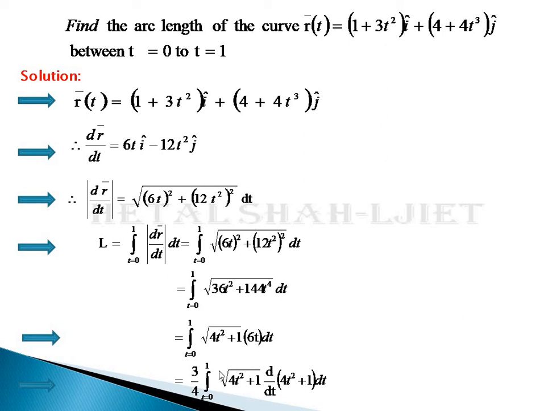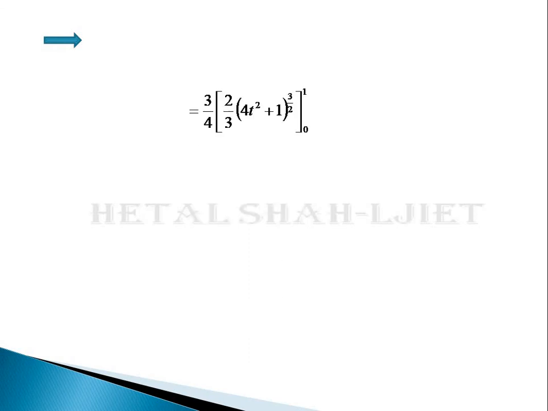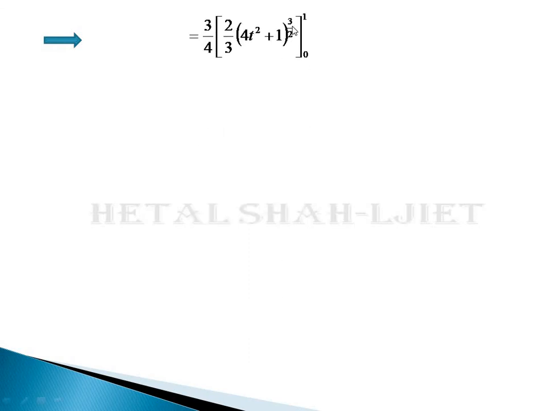As you know, if we want to integrate any function with its derivative, then the integration is the function f of t raised to n plus 1. Here the power is square root, so 1 half, so 1 half plus 1. By integrating this, we get (4t square plus 1) whole raised to 3 by 2, divided by 3 by 2, which we keep here as 2 by 3.